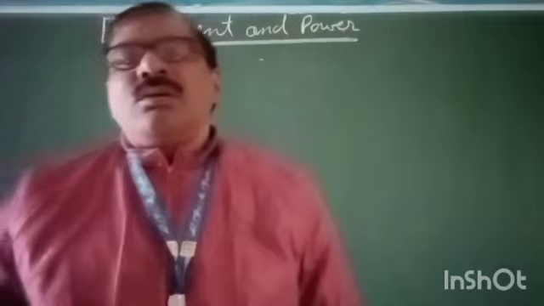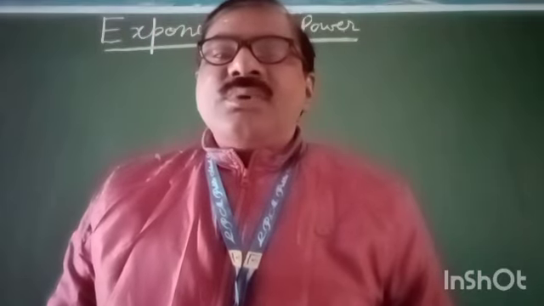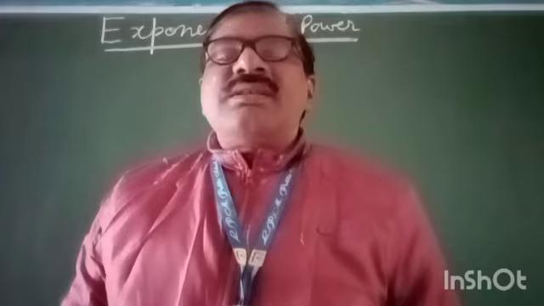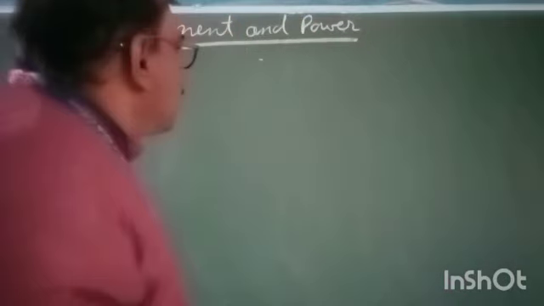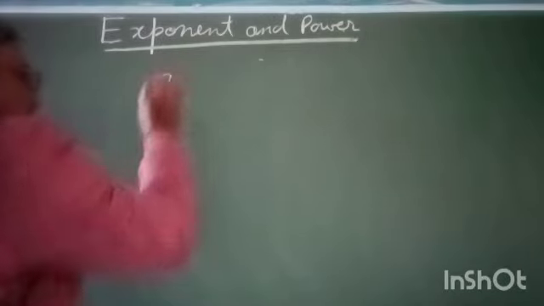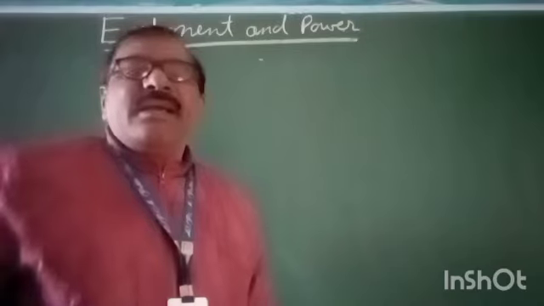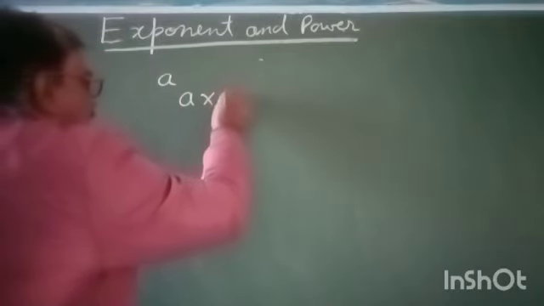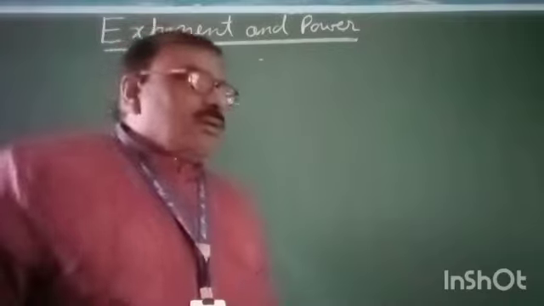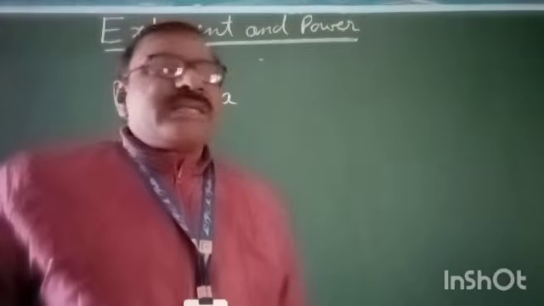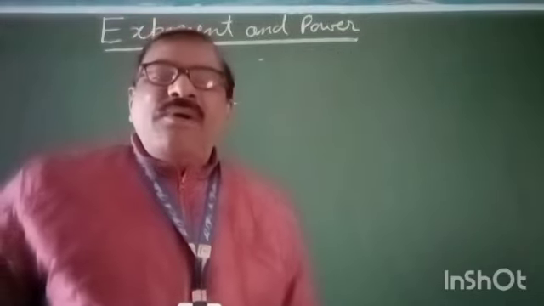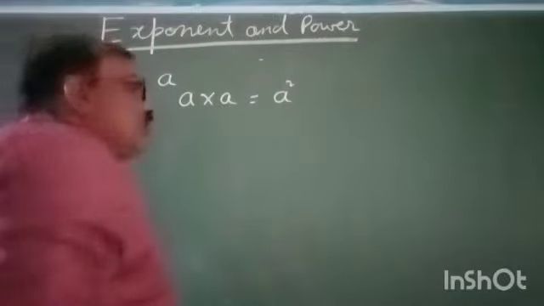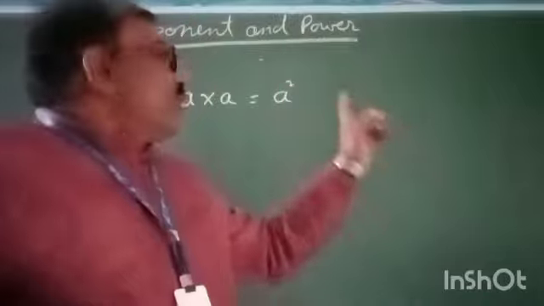If I multiply any number several times, then it is called exponential form. Suppose that a is any number. If we multiply a two times, a multiply a, then it is called exponential form, and I will write it as a squared.